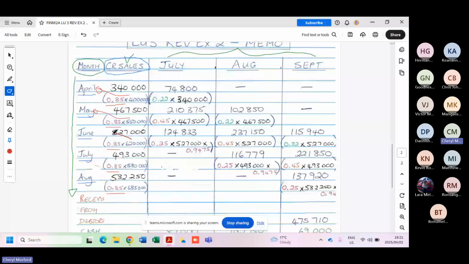I'm just doing these arrows to avoid jumping all over the place. So these amounts are straight out of the table. Step 1, I must find 85% to convert it to a credit sale. Then I'm going to have the numbers that I'm looking for. And these here are the important numbers.